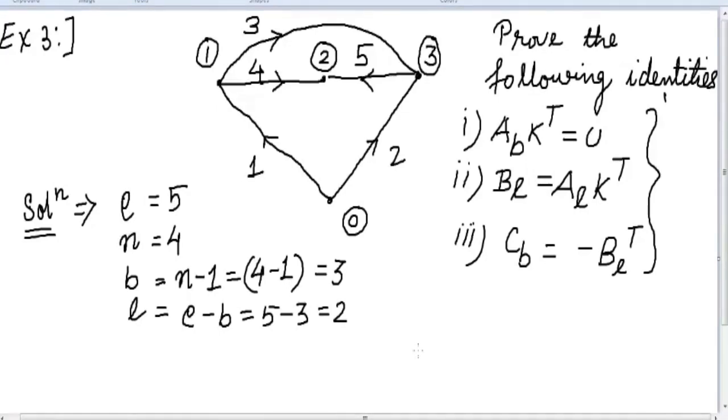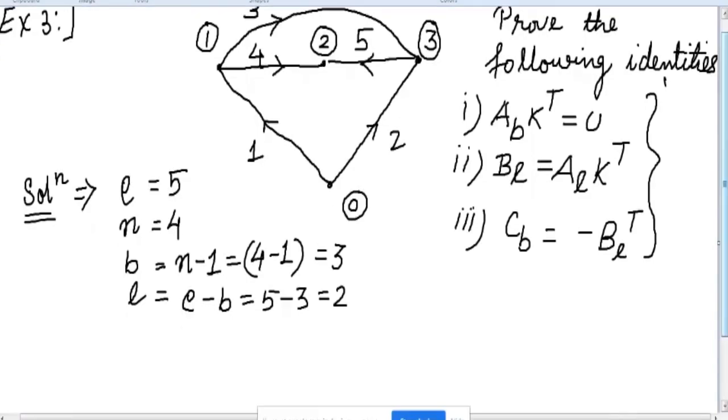Now to make the problem simple, I have suggested a thumb rule. The thumb rule was, first check whether the first elements can be taken as branches or not, and then select the rest of the elements as links. If this concept fits into our rules, then we can go ahead with this thumb rule, and if it doesn't fit, then we have to drop it.